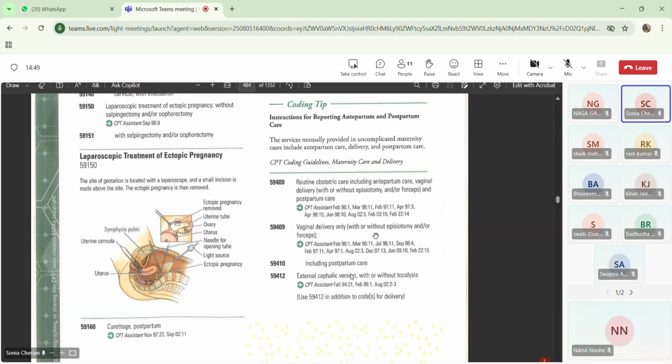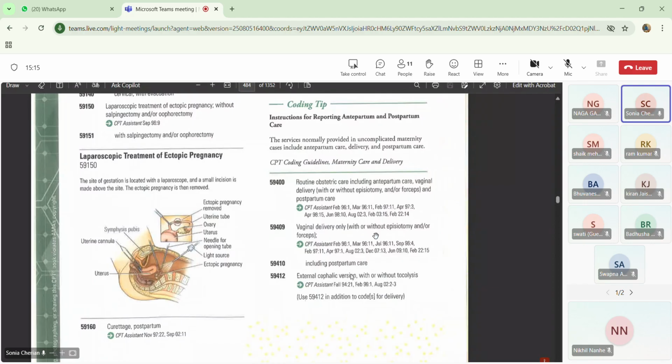So if the patient is getting all the antepartum care, a vaginal delivery, and also the postpartum care, this is what we call routine obstetric care. It's a whole package. In that case, you can code 59400.